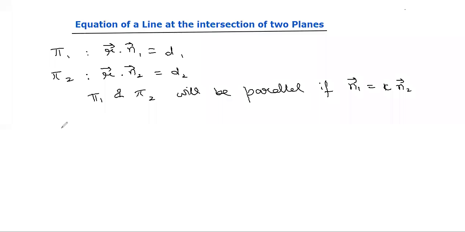If we find a vector b, which is the cross product of vector n1 and n2, it will be a vector which is normal to each of the planes. This vector will always be along that particular line where these two planes intersect.